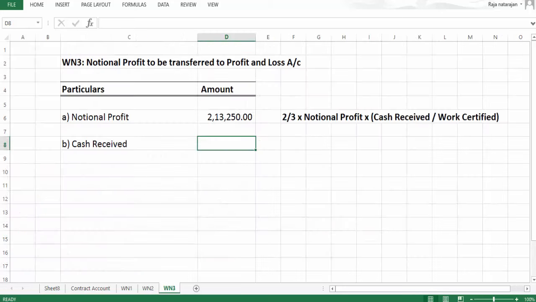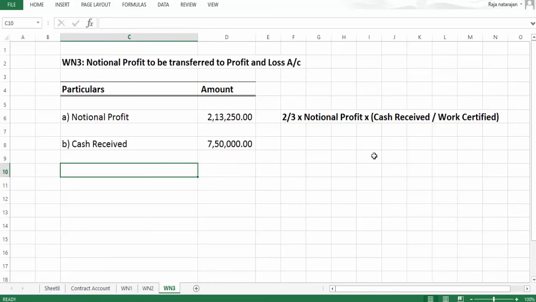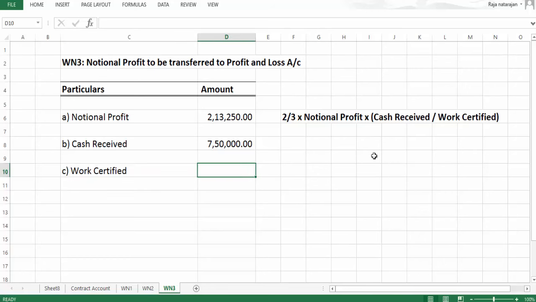So that's simple, 7,50,000. Then we need information on work certified. Work certified, yes, that we had in the question as well, which is 50% of the contract price, that is 20 lakhs into 50%, and that was 10 lakhs. So now we have all the information.